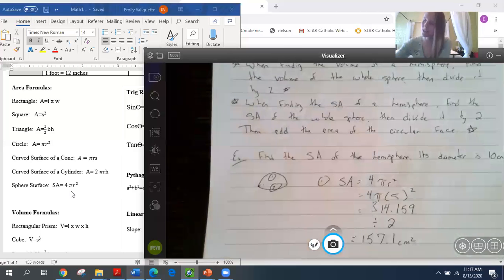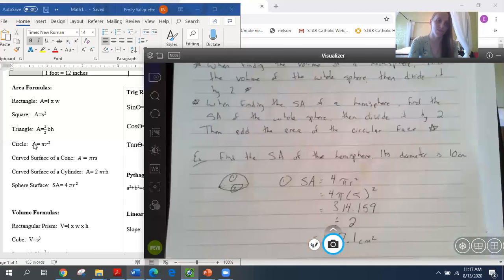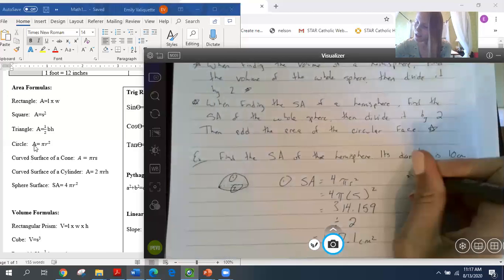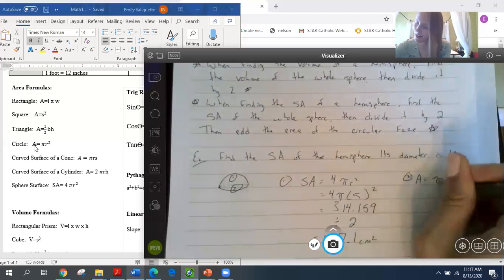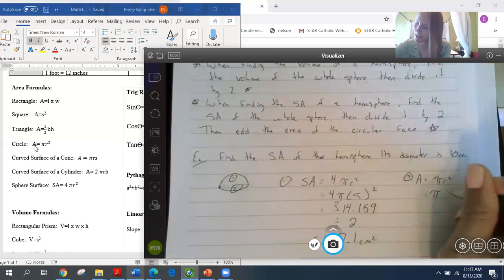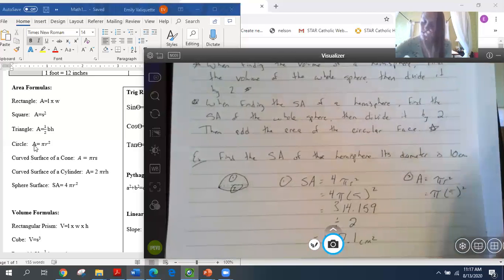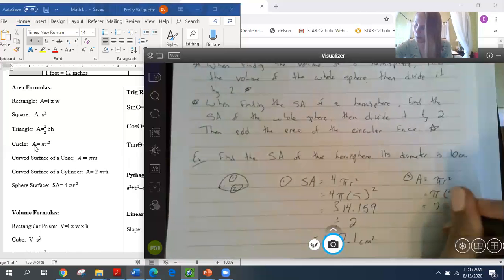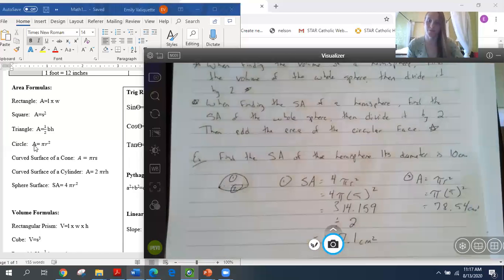The base is just a circle, so we're going to use our circle area formula, which is just pi r squared. Our radius is still 5, so pi times 25, which is 78.54-ish centimeters squared.